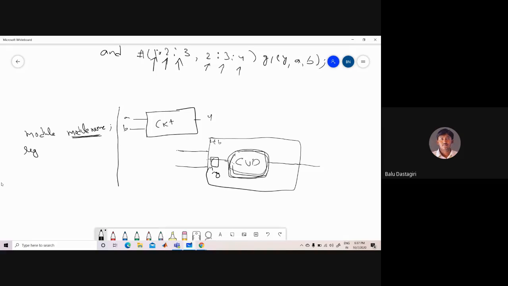Therefore, whatever inputs you have declared in your main module should be declared as registers. Next, after getting the output from the circuit under test, we have to connect this output to the test bench output, so we take it as a wire.